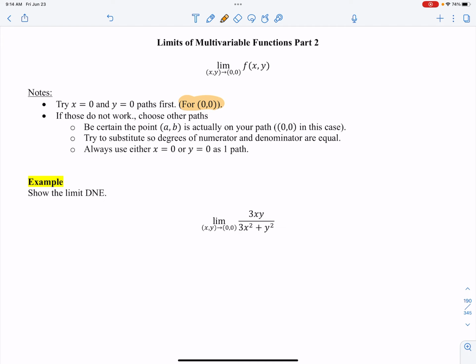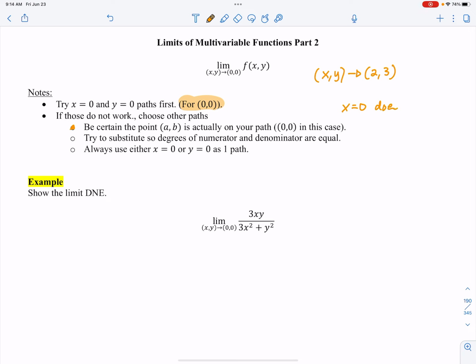Okay, here's a couple notes I want to point out. This first one: be certain the point (a, b) is actually on your path. What I mean by that is, if (x, y) is approaching (2, 3), then I would not want to use x equals 0 as a path.